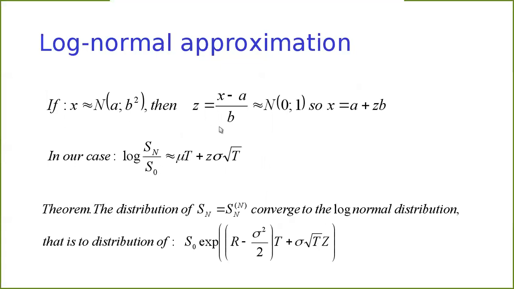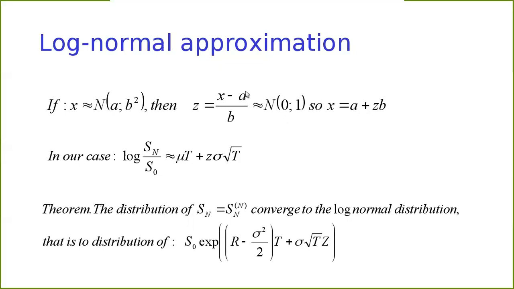And from the theory of probability, we know that if we have a random value with normal distribution with parameters a, it is mean, and b square its variance, then we have considered a transformation which looks as this, and it will be normal distribution.